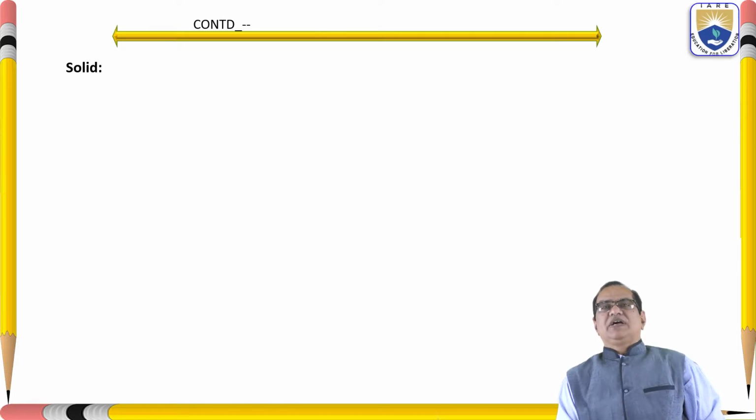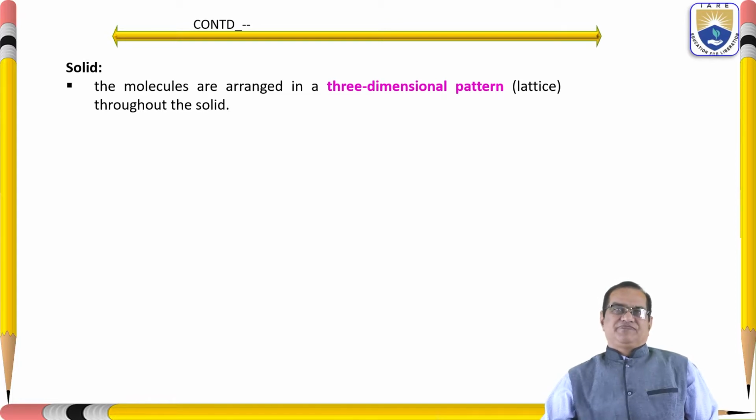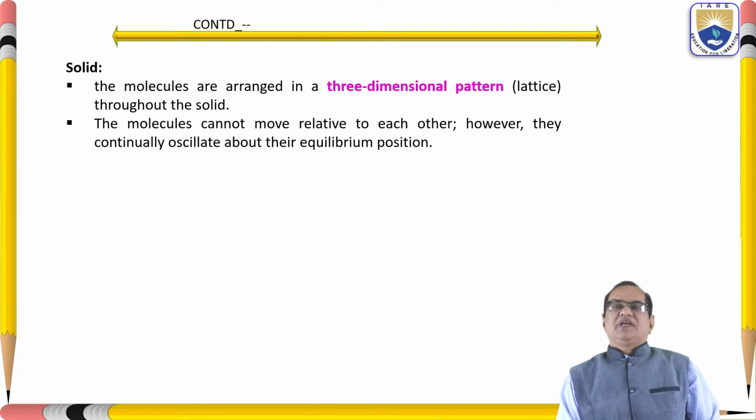Now, solid. What is the meaning of solid? Molecules are arranged in a three-dimensional pattern called a lattice throughout the solid. The molecules cannot move relative to each other; however, they continually oscillate about their equilibrium positions.